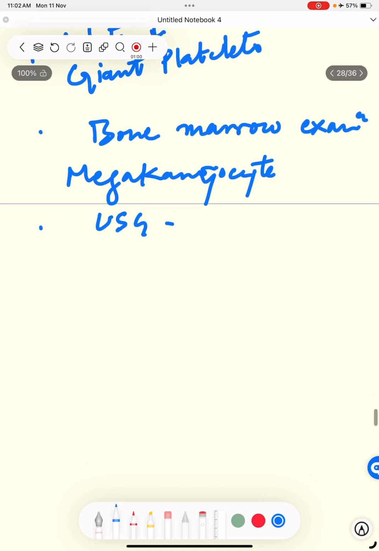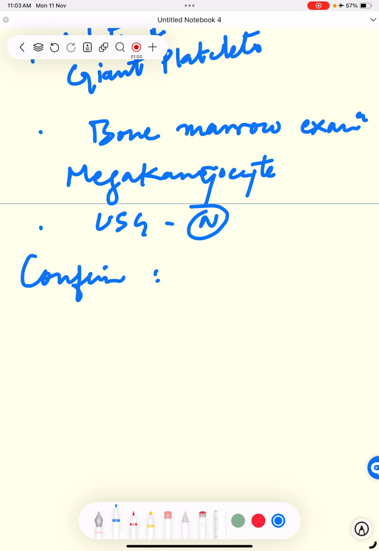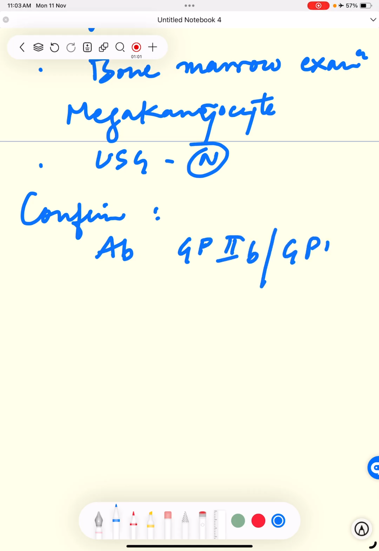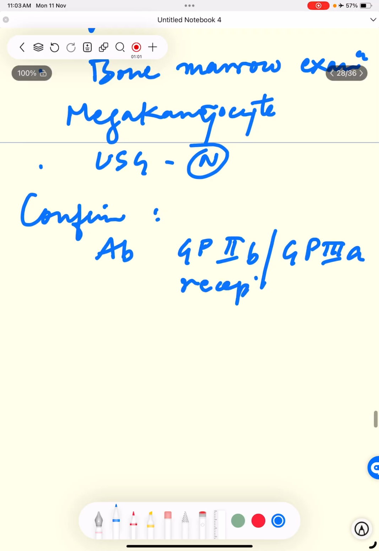Ultrasound of the patient will generally remain normal, but in order to confirm ITP, you can go for antibody checkup for GP2B and GP3A receptors. This will confirm that this is a case of ITP.